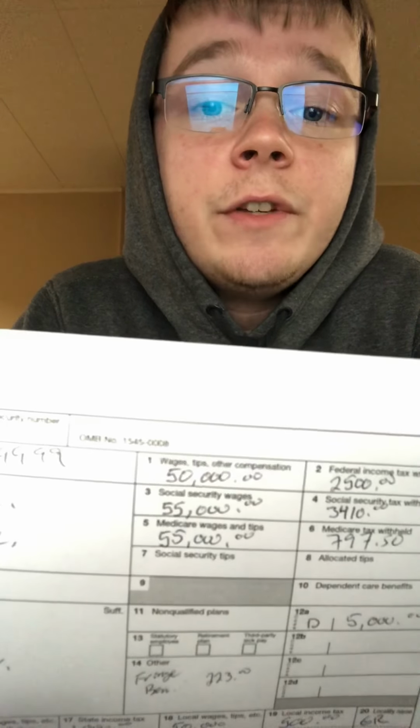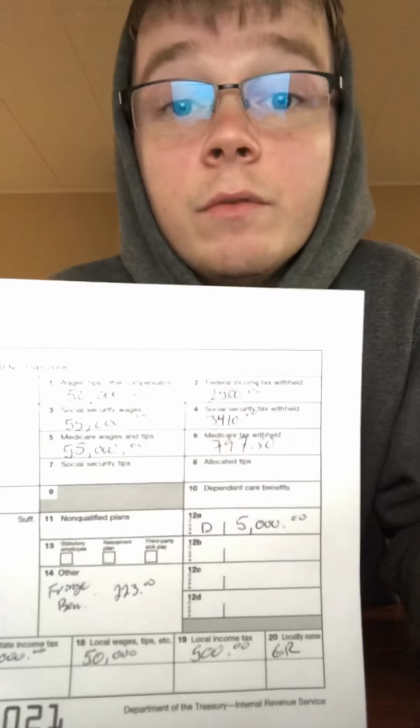So you can see here that this person grossed $55,000 by box 3 and 5, but they're only going to pay tax on $50,000. Why is that? Let's just real quick jump down to box 12 down here. You can see that box 12 actually has 4 separate columns, and in reality it could have a lot of columns here, but most people have like 2 or 3, maybe 1.